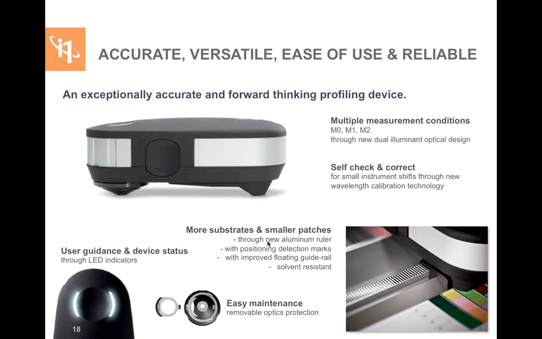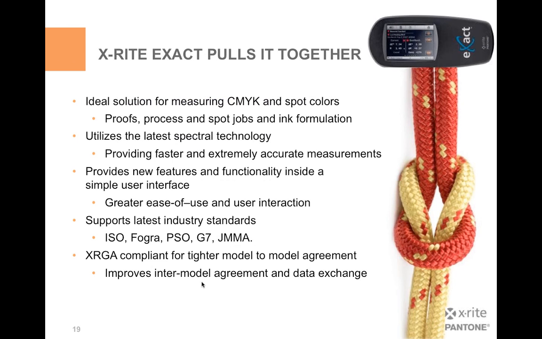You can see it mentioned in the lower right with those bars: there's a sensor on the bottom, so it always knows where it is as it's measuring the patches. For your pre-press, having a spectrophotometer that can measure M1 is important, and so we have the i1 Pro 2 available for that.